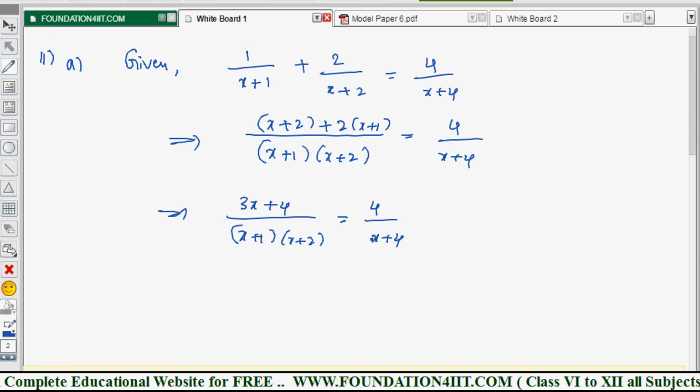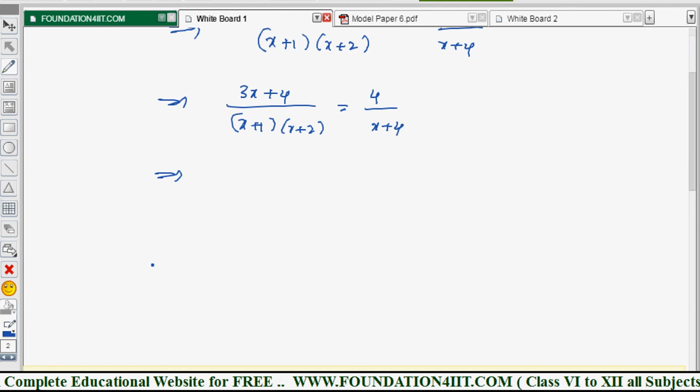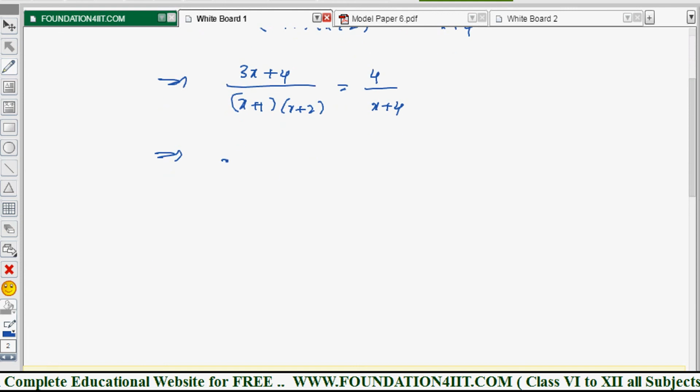So simplify everything and convert it into a quadratic equation. By cross multiplication, 3x plus 4 into x plus 4, and 4 into x plus 1 into x plus 2.